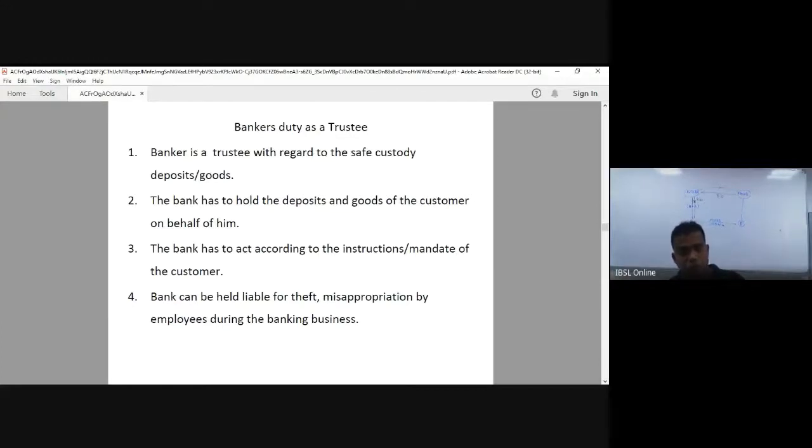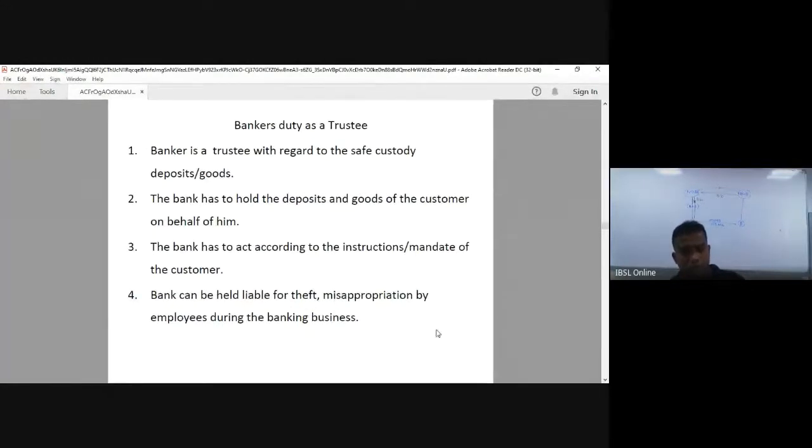So if you lose the articles, goods of the customer, as a trustee, you are liable. You are liable to pay the damages to the customer.